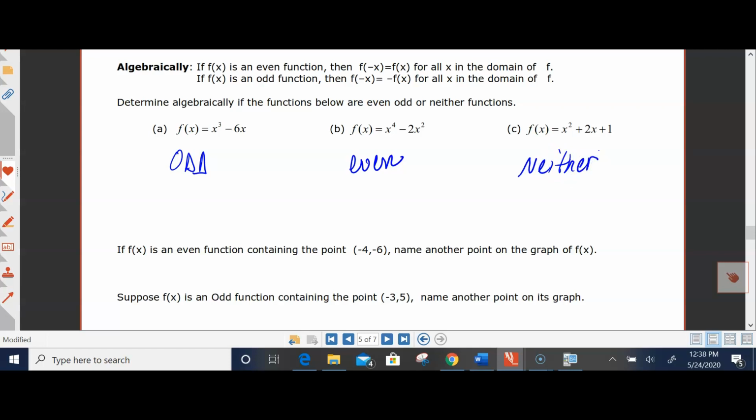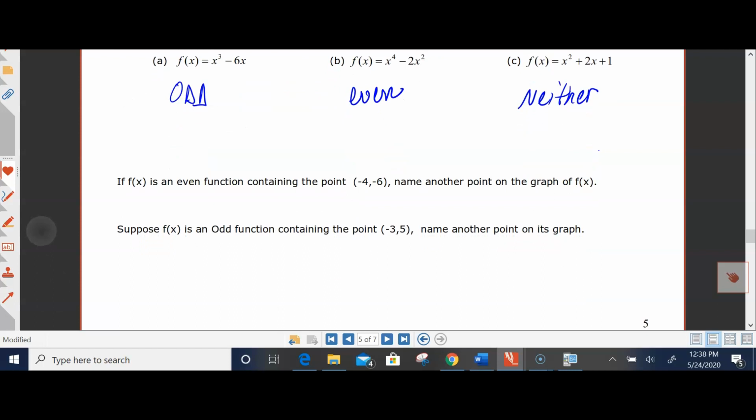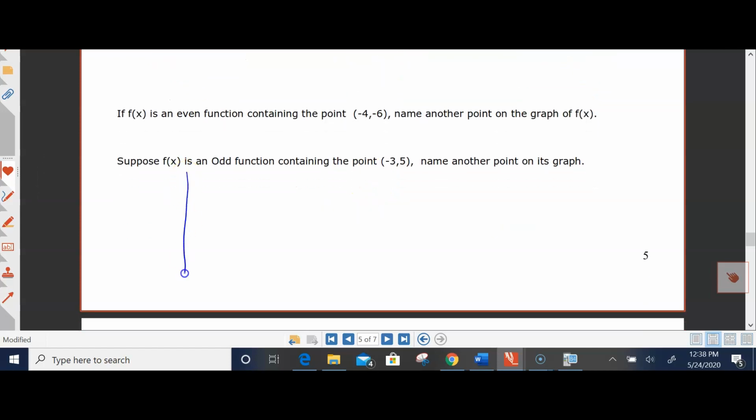When we think about the symmetry, if it's an even function, remember the symmetry is across the y-axis? So I'm going to draw a little graphic of this right here. If I had the point (-4, -6), it would be down here.